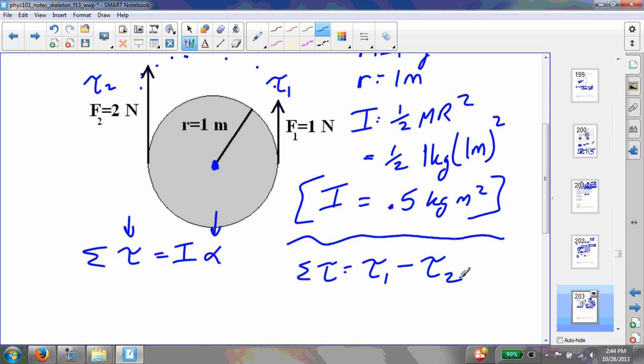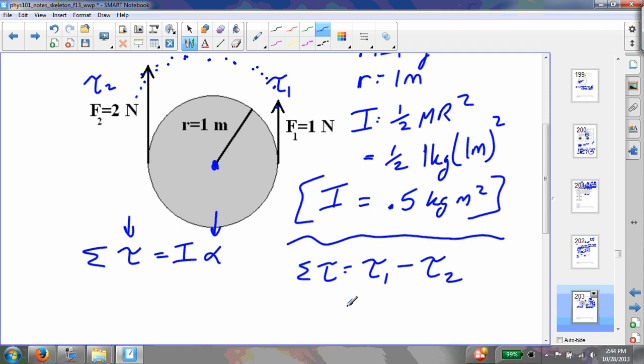Torque 1 is counterclockwise. It causes the wheel to rotate in the counterclockwise direction, which is the positive direction. And torque 2 causes the wheel to rotate in the clockwise direction, which is negative.